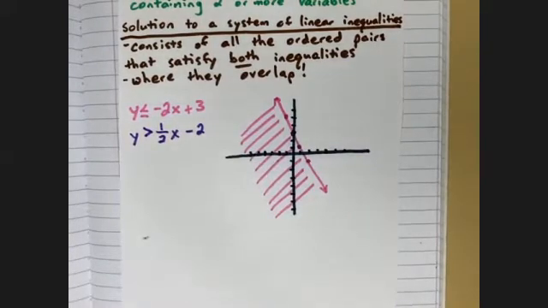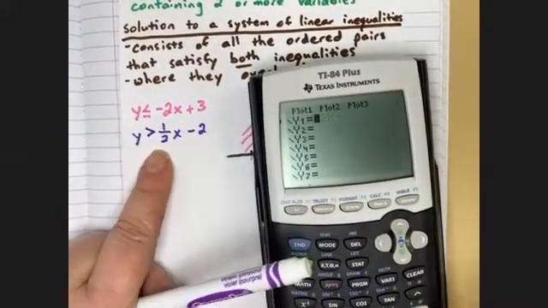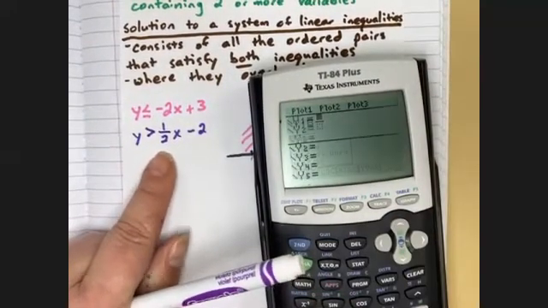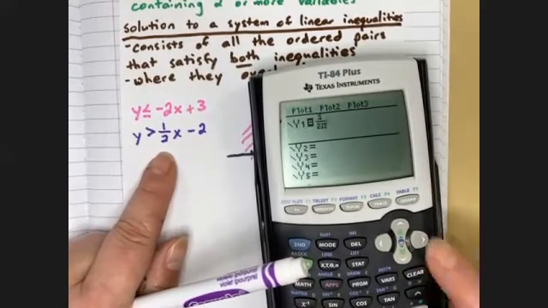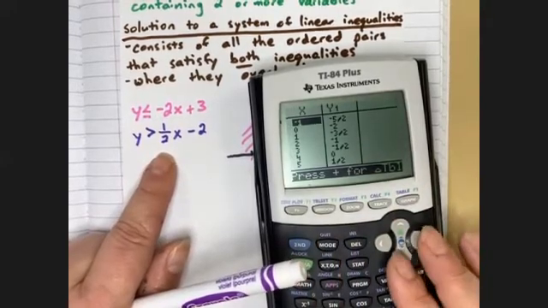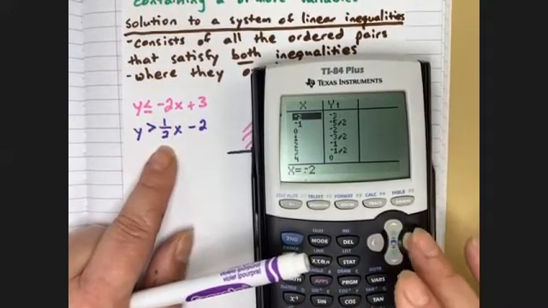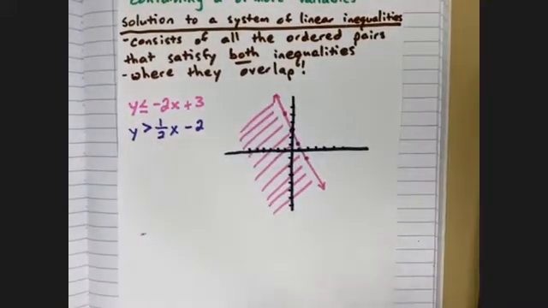Now, I'm going to go back in and I'm going to erase that and I'm going to type in my second line, 1/2 x minus 2. And once again, look at the table. Now, I'm not going to pick the ones that have crazy fractions. So like -2, -3, I can do that one.